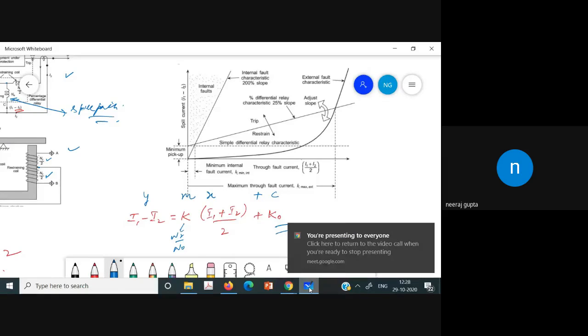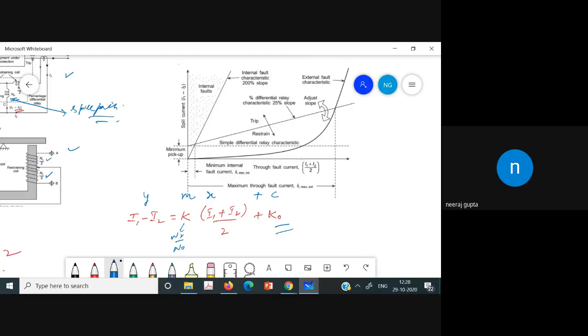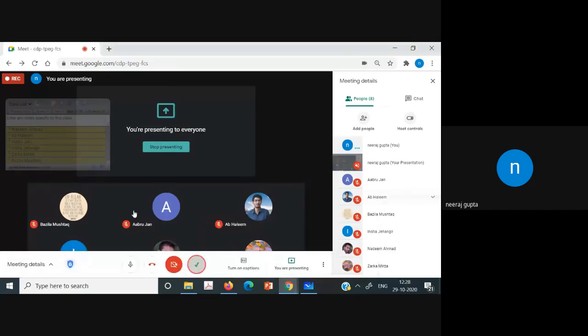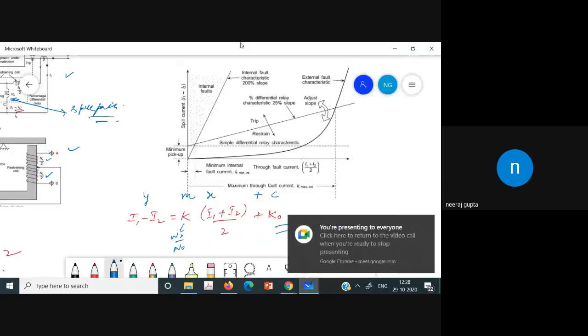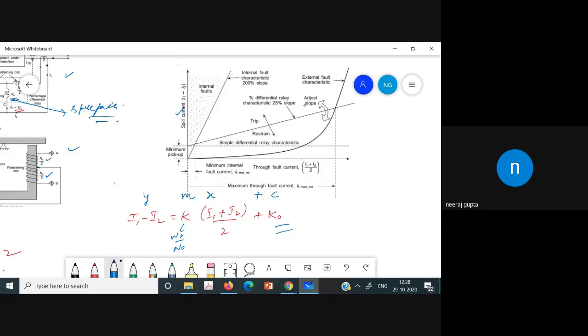So this is y equals mx plus c. Now y in this case is the spill current, and x in this case is the through fault current, (I1 plus I2) divided by 2.